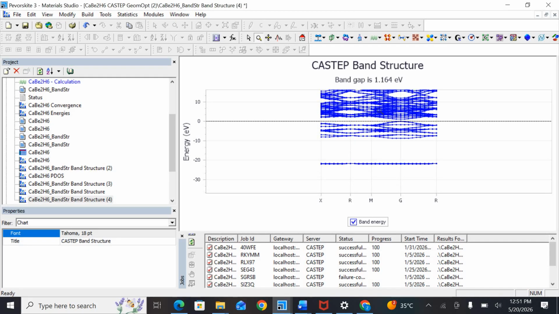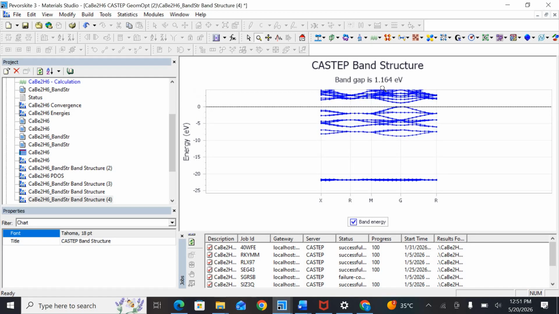Now, when we analyze a band structure, the most important feature we look at is the band gap. The band gap is defined as the energy difference between the valence band and conduction band. The band gap determines whether a material is a metal, semiconductor, or insulator.